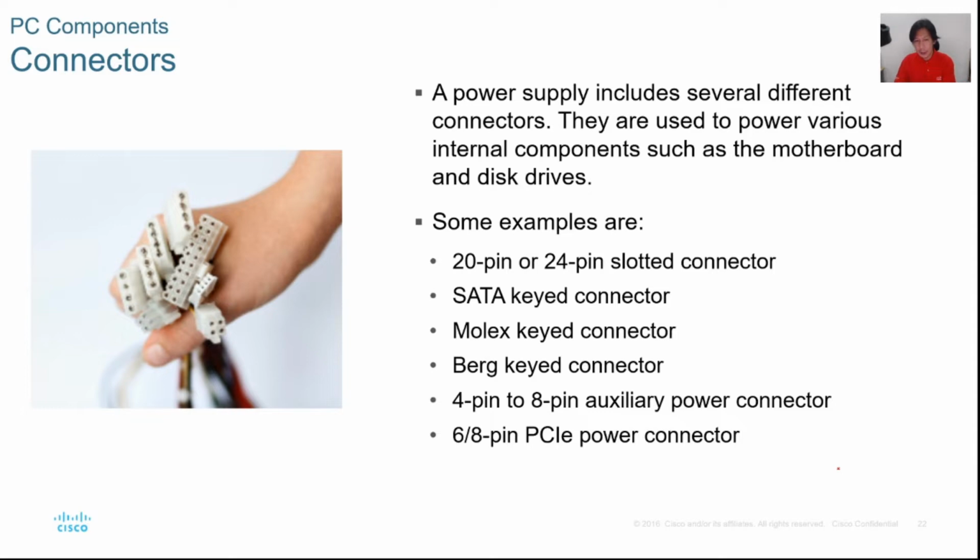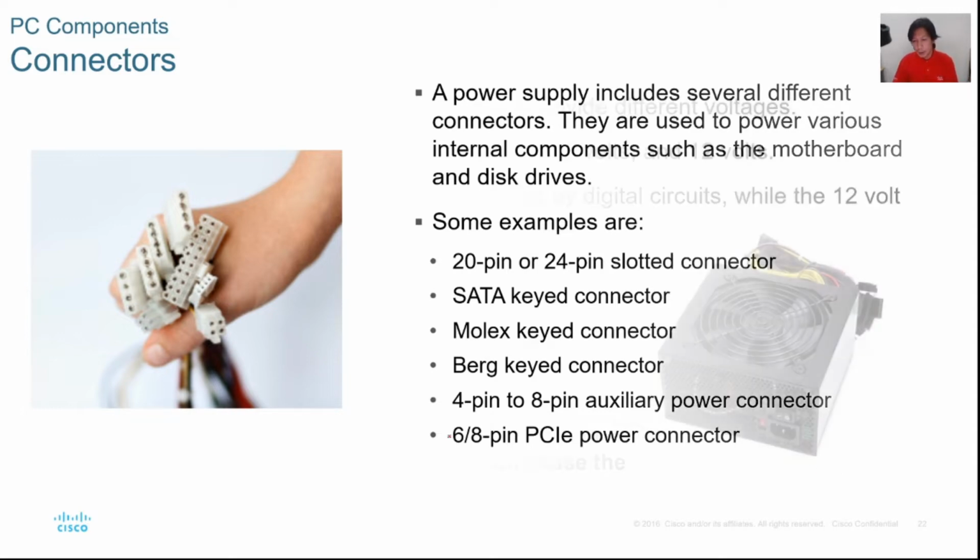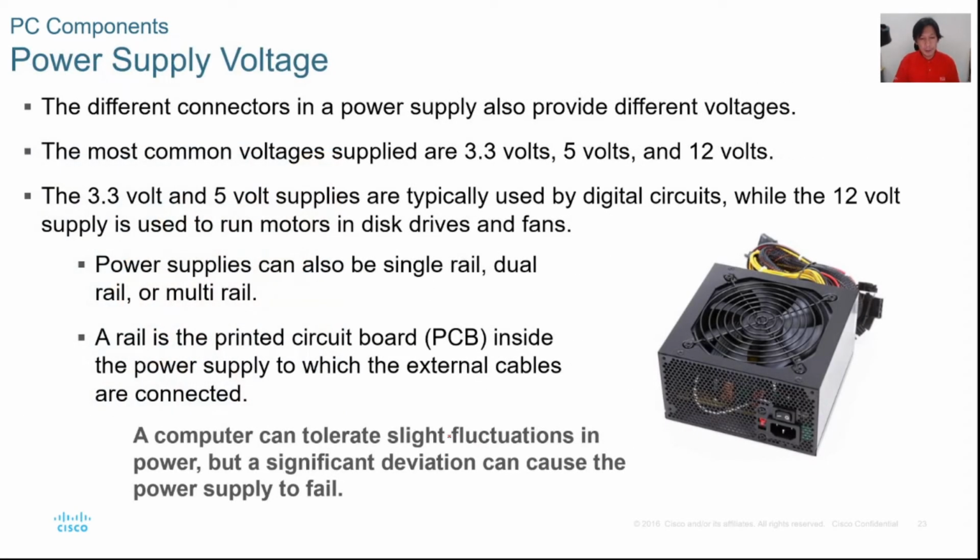Aside from the connectors, we also need to understand the different voltages that our power supply uses. The most common voltages supplied are 3.3 volts, 5 volts, and 12 volts. As I told you a while ago, those are DC, direct current voltages.